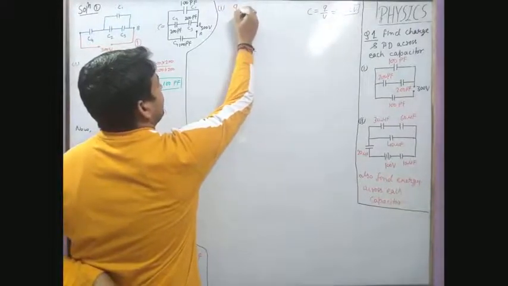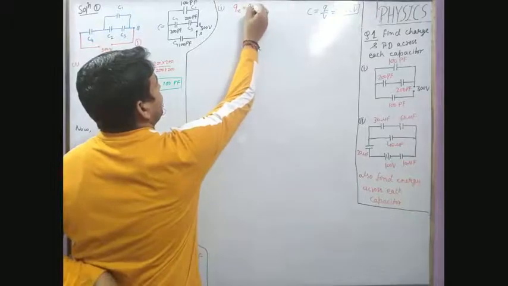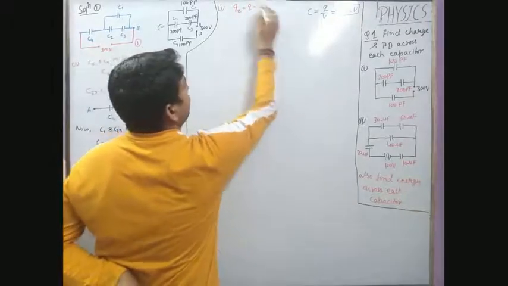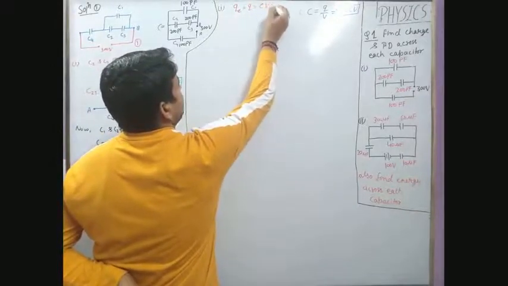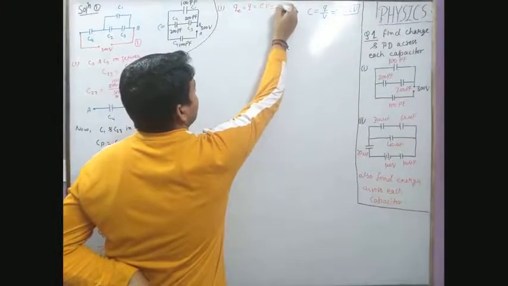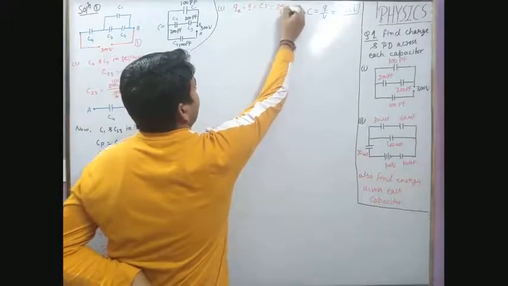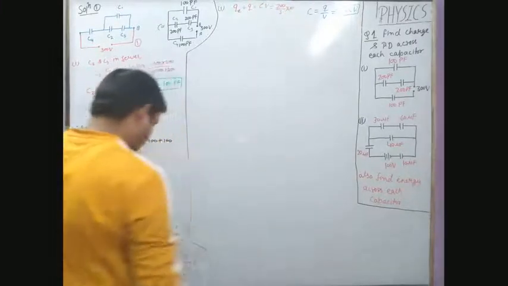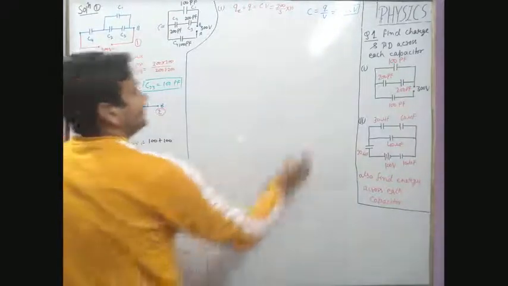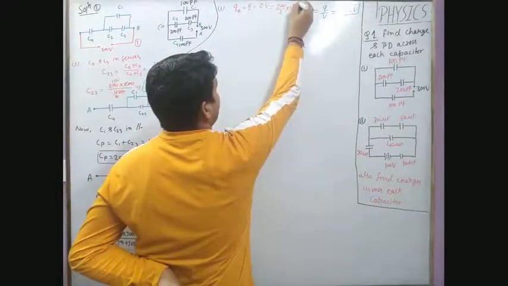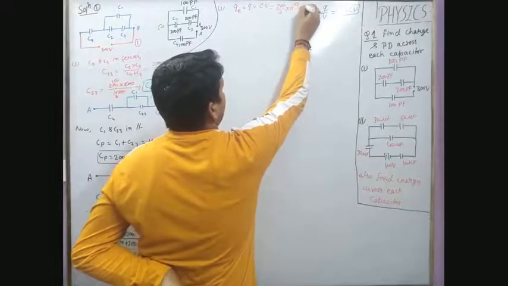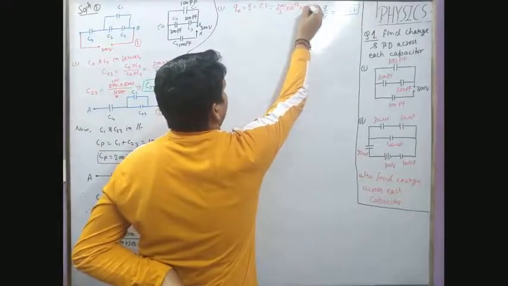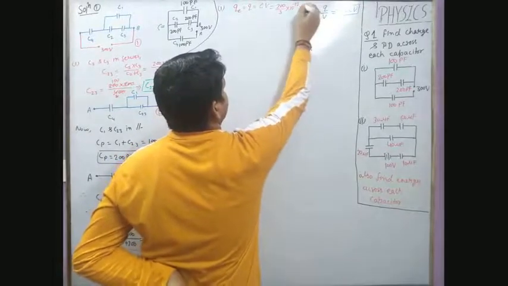Q equivalent, the charge in the circuit, is CV, which is equal to 200 upon 3 picofarad, that is 10 to the power minus 12 into 300.